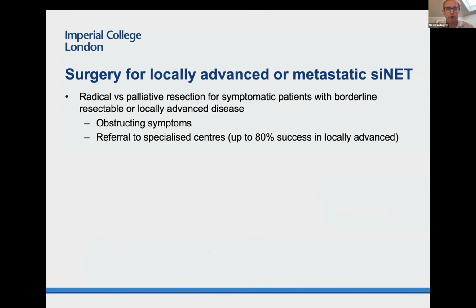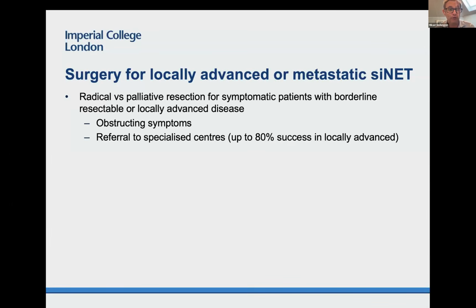So what about surgery for locally advanced or metastatic small bowel neuroendocrine tumors? Well, radical versus palliative resection. An obstructive small bowel lesion is always an indication for a resection.